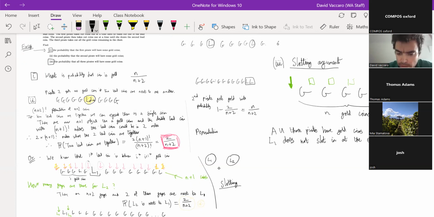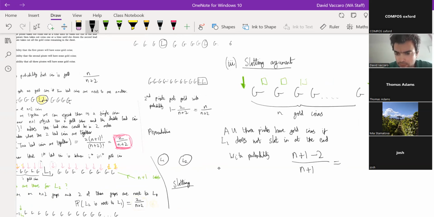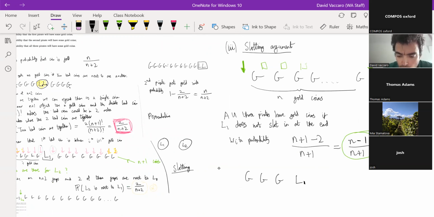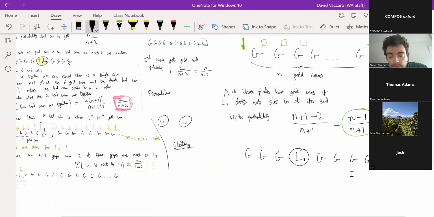Okay, so this happens with probability n plus 1 slots take away the 2 at the end, over n plus 1. So we get n minus 1 over n plus 1. Okay, and if we do that, lead coin 1, L1, is somewhere in the middle.